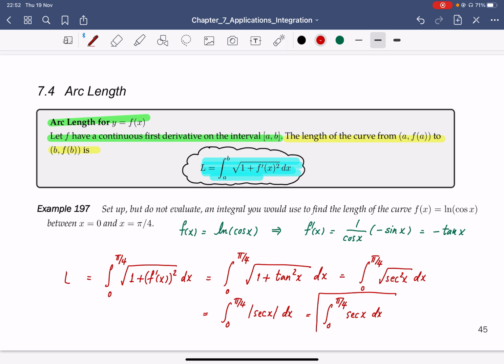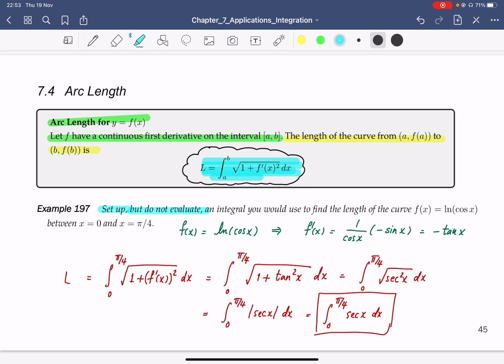You can stop here if you want, because the question asks you to just set up but not evaluate. But if you want to integrate this thing, you can, because you have the formula. The integral of sec gives you log of sec x plus tan x.